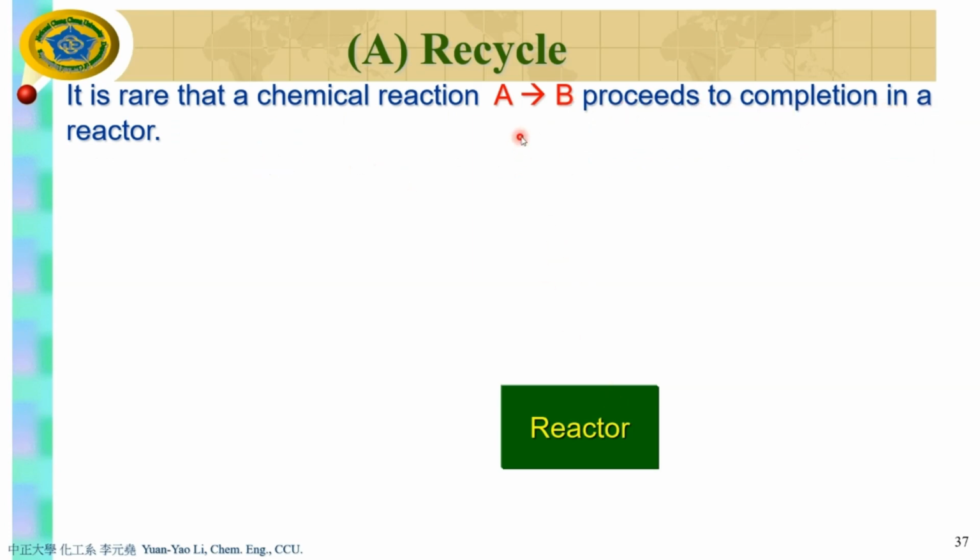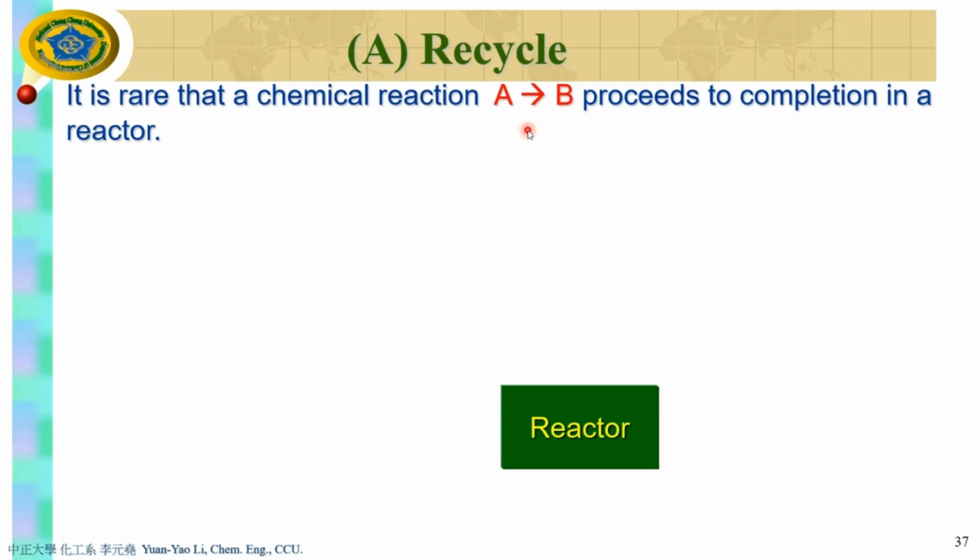If you want a 100% conversion rate, you might need a very good reactor, but that might be very expensive. You don't need to have a very good reactor. The conversion rate might be, say, 80%. That will be enough because that's less expensive.